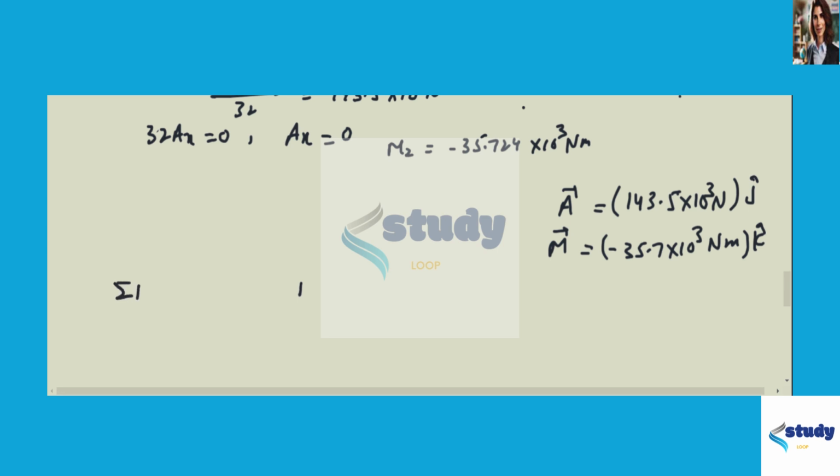summation of force must be 0. So A vector plus B vector plus W is equal to 0.